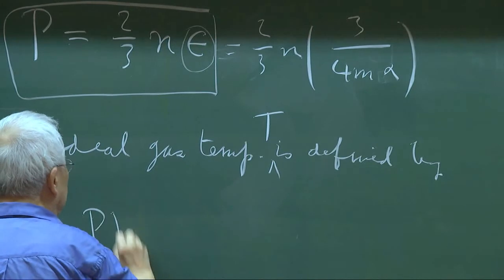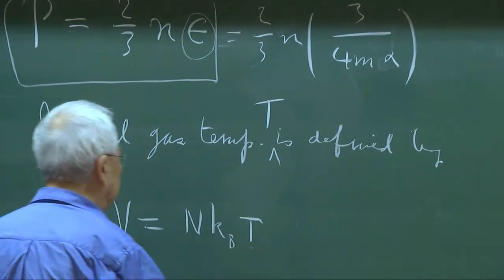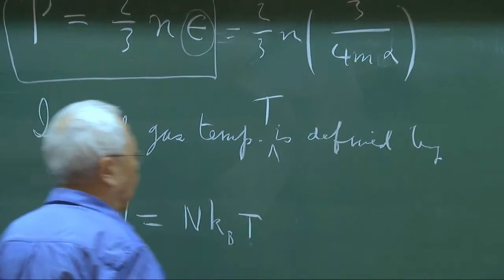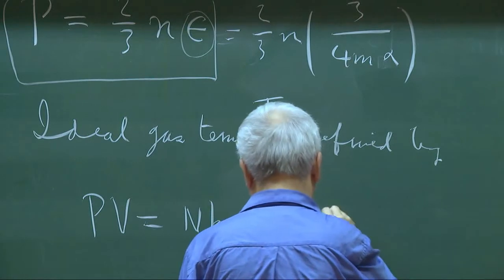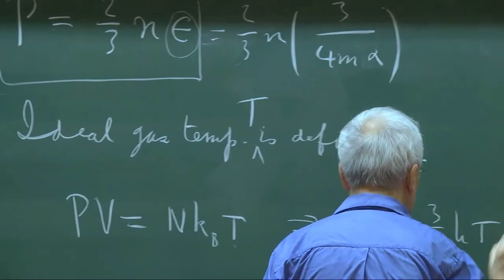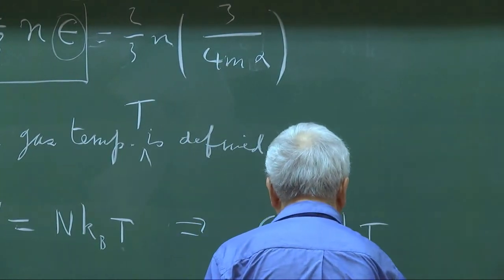As you know, PV is equal to NkT. So if I compare both sides, I conclude that epsilon is equal to 3/2 kT, and that alpha is equal to 1/(2mkT).